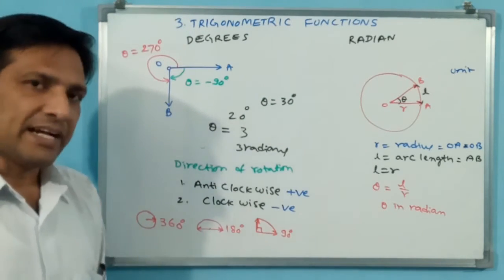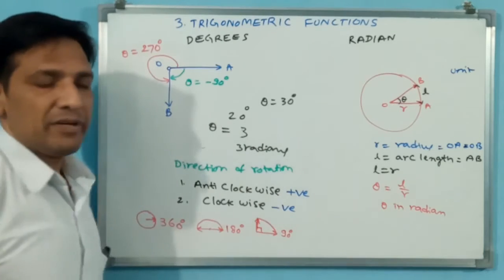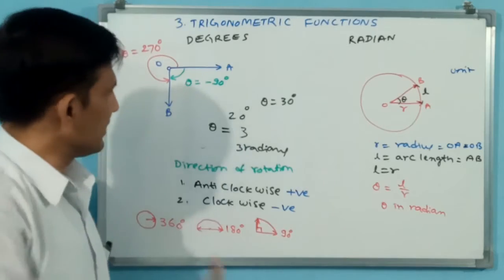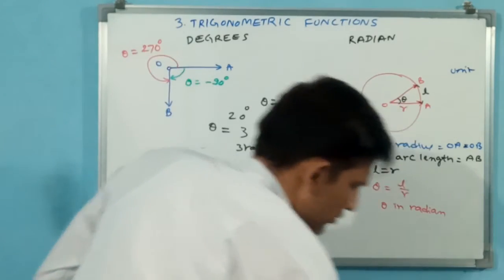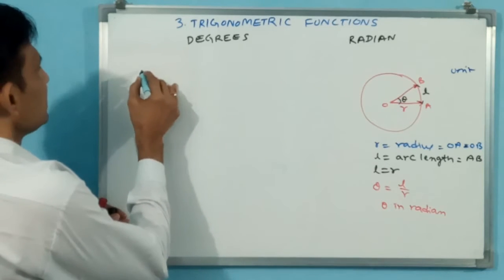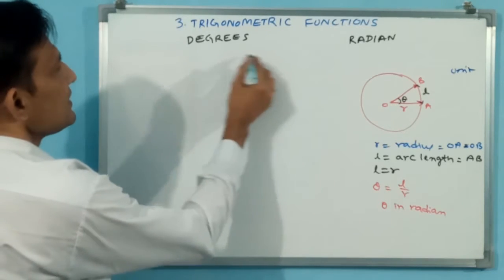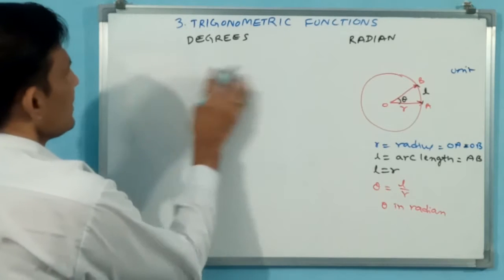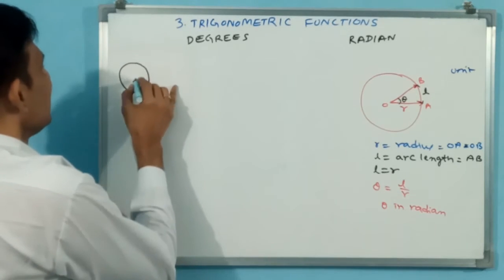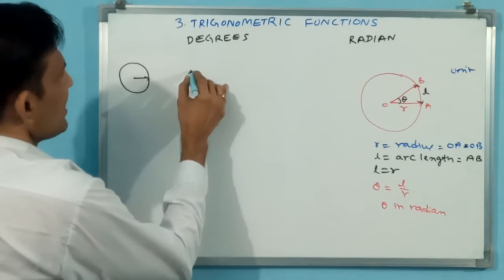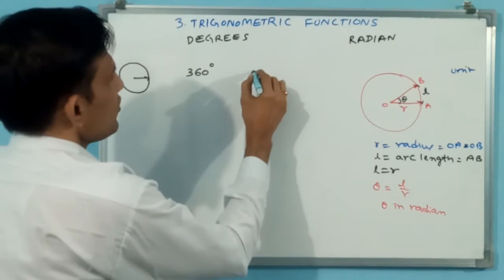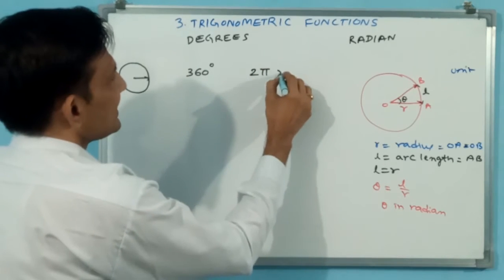Okay, this we understand. But what will be the comparison between degrees and radians? That also you have to know. Yes, that is also very important. Now I am going to rub this out and show here. See what we learned here. I am going to write degrees here and radians here. One complete circle gives 360 degrees, but that is going to give 2 pi radians.